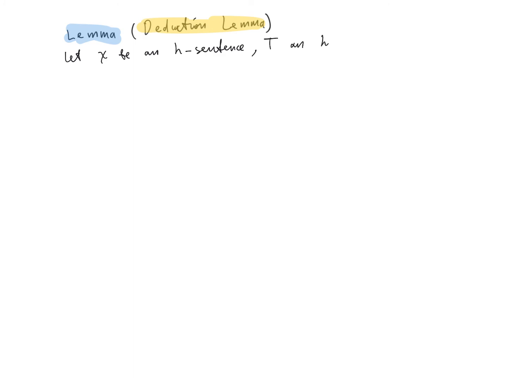Next, we will establish the deduction lemma, which is very useful in arguing about formal proofs. Let chi be an L sentence, and let T be an L theory, and phi an L formula.